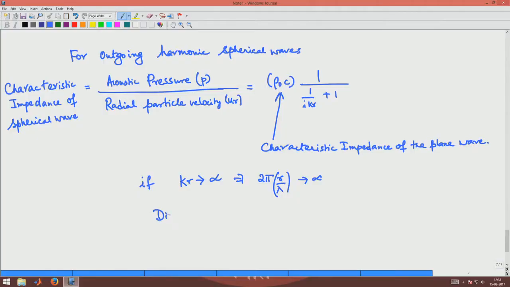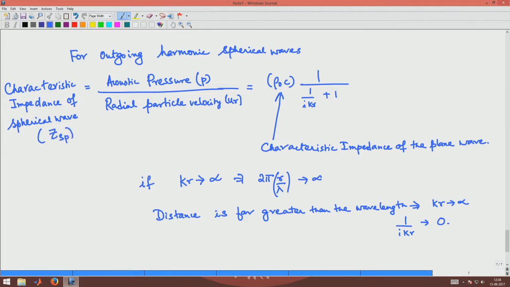So, if you have the situation that the distance is far greater than the wavelength, then you will land up into this situation that K r is a large quantity, and if K r is a large quantity, then 1 by i K r will become a small quantity, and therefore, the characteristic impedance of the spherical wave, which I can call Z S P, will be same as the characteristic impedance of the plane wave.